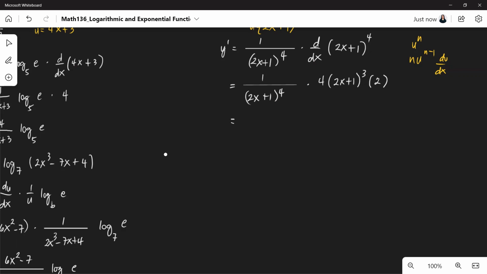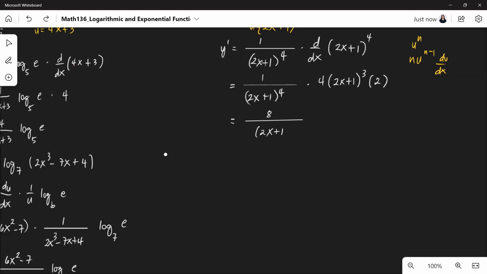So 4 times 2 is 8, so it's 8 over just one 2x plus 1. Because here we have 3 factors of 2x plus 1 being multiplied, and here we have 4, so the common factor is 3 of the 2x plus 1. So the final answer would be 8 over 2x plus 1.